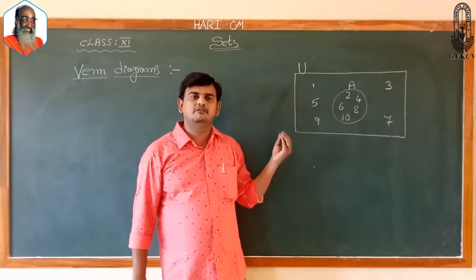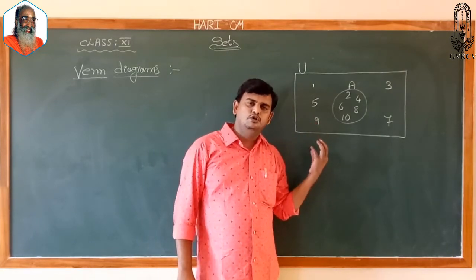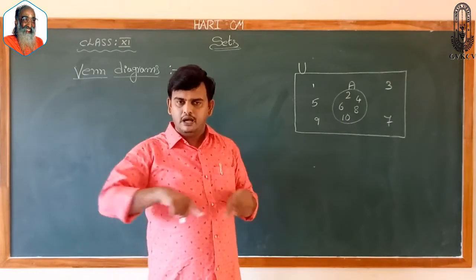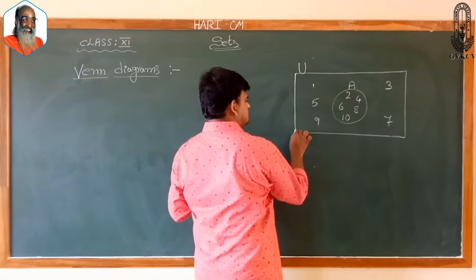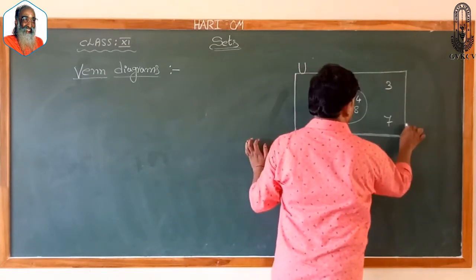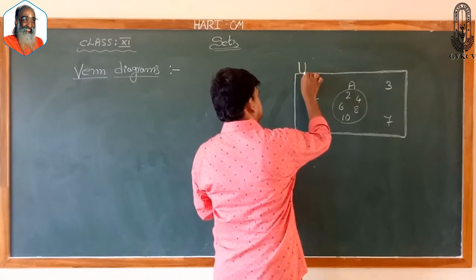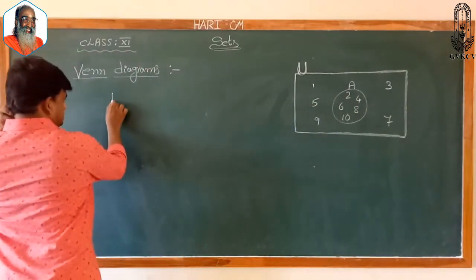When this is the question given, you can easily identify the universal set. Universal set means, as I said, the entire rectangular box. This entire rectangular shape represents the universal set. What are the elements we have in the universal set?